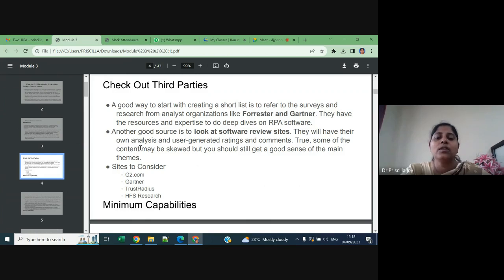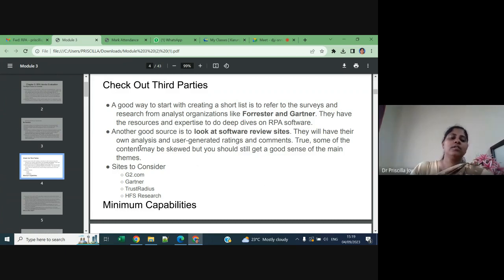Okay. So in both cases, they have the resources as well as the expertise to check whether the analysis which they are making is up to the mark or not, on the RPA software which is there. For that we'll be going with certain software review sites where we can grade and find the ways in which we can get details from the third party as well as give feedback to them.